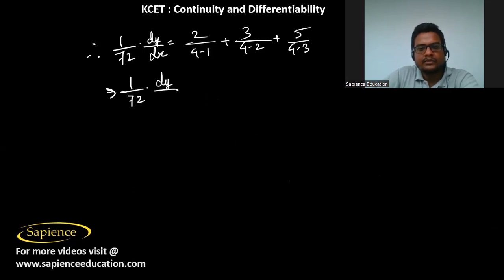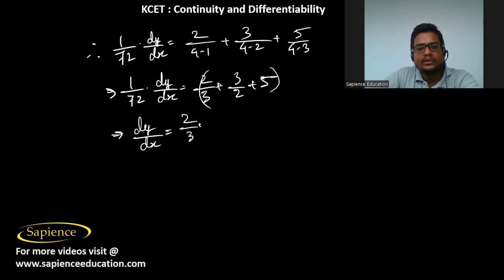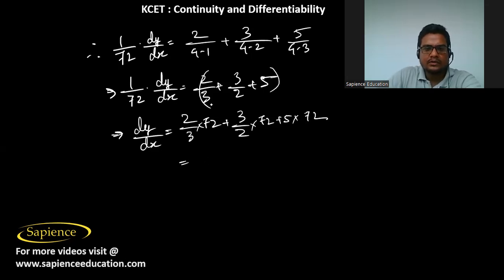One by 72 into dy by dx will be equal to 2 by 3 plus 3 by 2 plus 5. So dy by dx will be equal to 2 by 3 into 72 plus 3 by 2 into 72 plus 5 into 72. Or first we can add them.